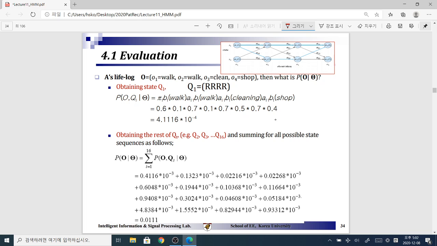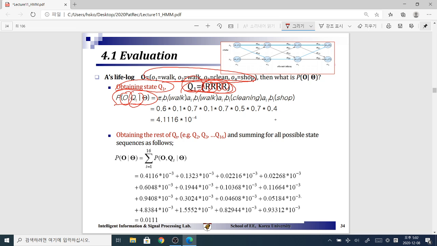Let's just use, maybe, four straight rainy days. Let's take the state sequence being rain, rain, rain, rain, which would be the Q1 case, and at the same time the observation sequence being this. This is the computation of the joint probability of the observation sequence and, at the same time, the state sequence.